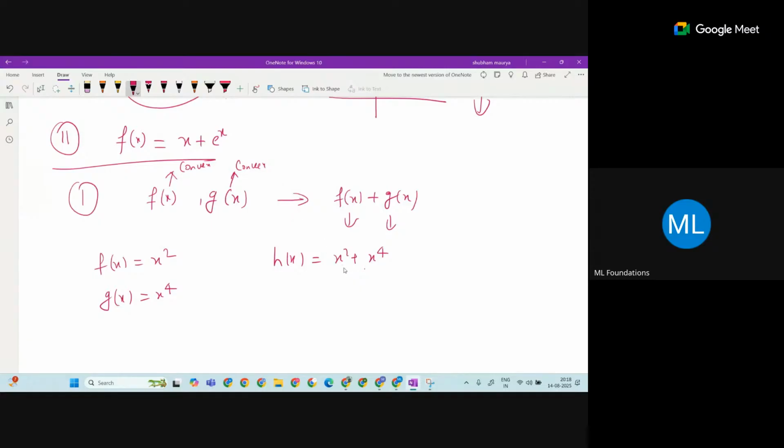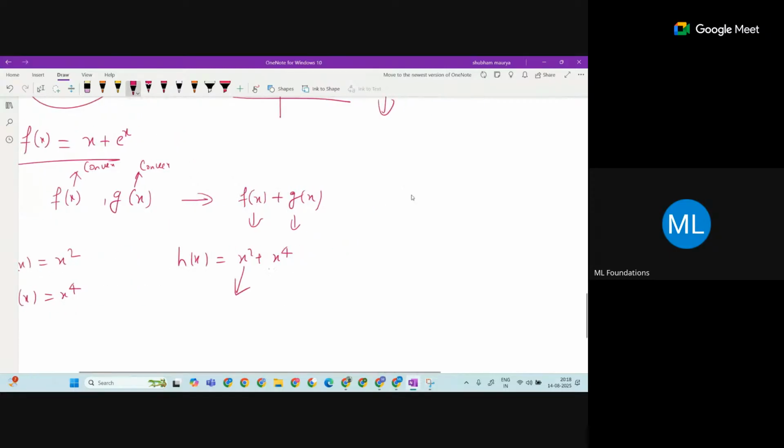It looks a bit complicated, but if you break your problem, it will be easier. We already know x square is convex, and x to the power 4 is also convex; by the graph you can see x square is like this, and x to the power 4 is more like this, the gap would be less.